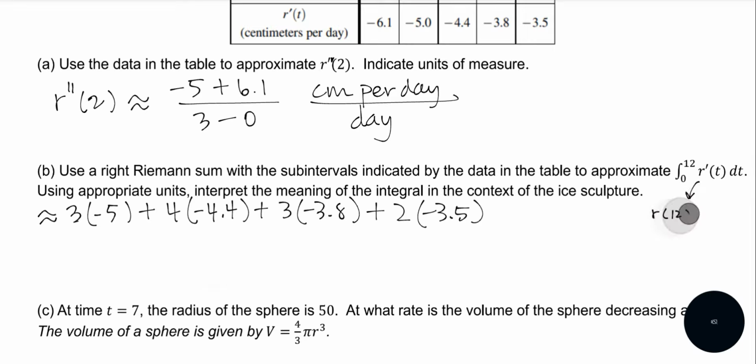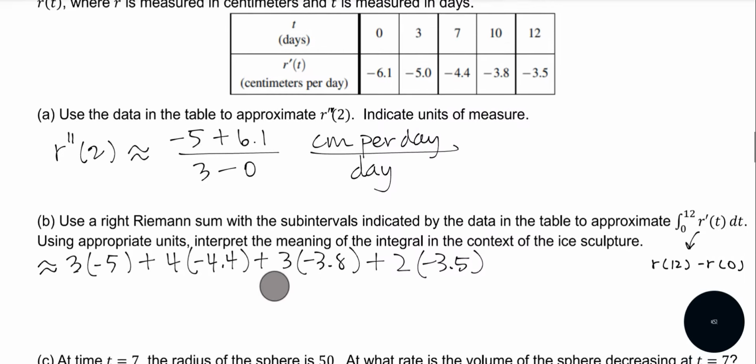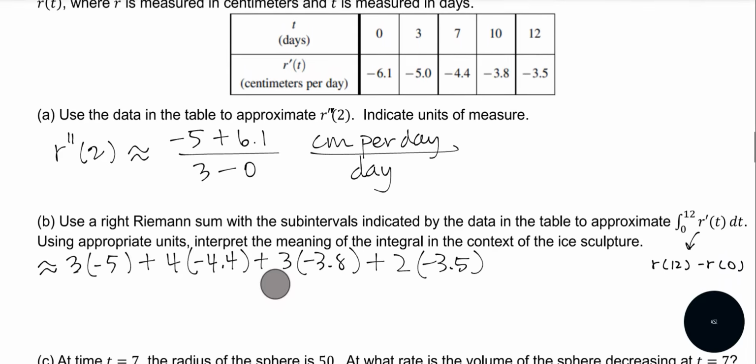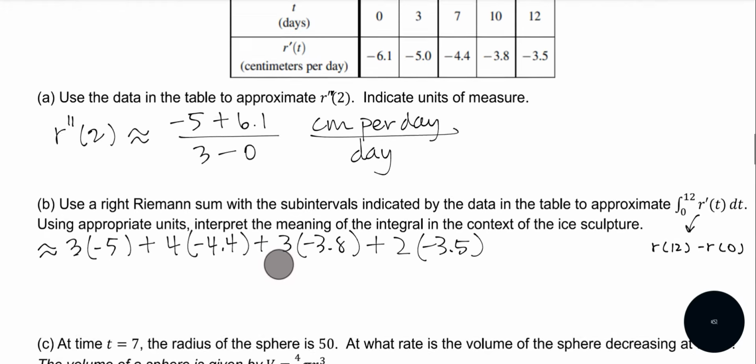Okay, now if I want to think about this, we know how to do this. It's going to be r of 12 minus r of 0. Okay, r is measured in centimeters. That's the amount that the radius changed by over the course of time 0 to 12.